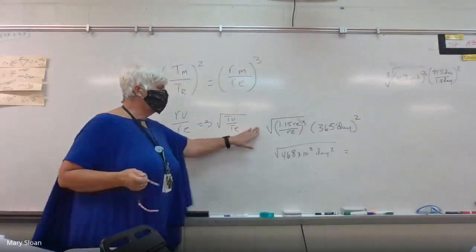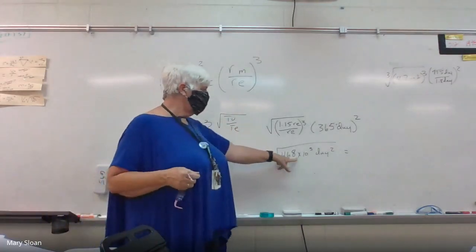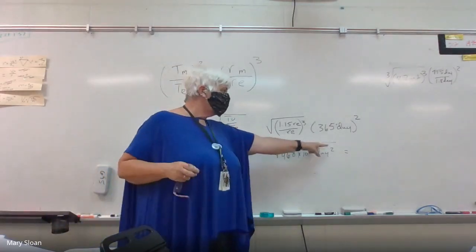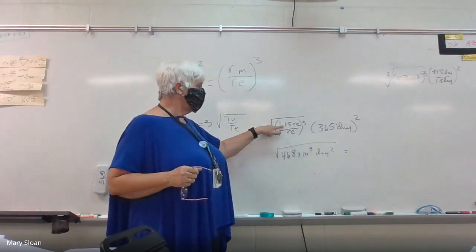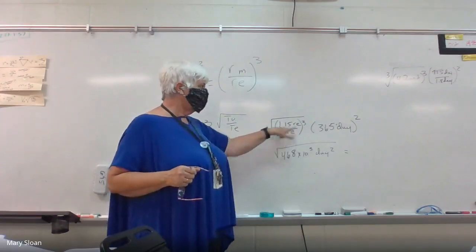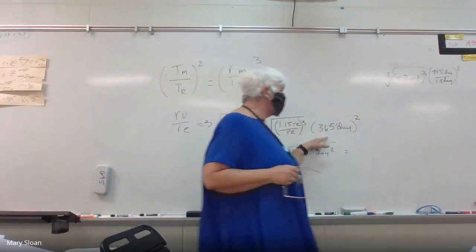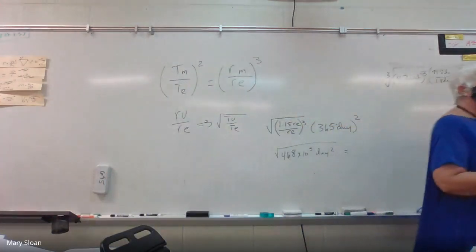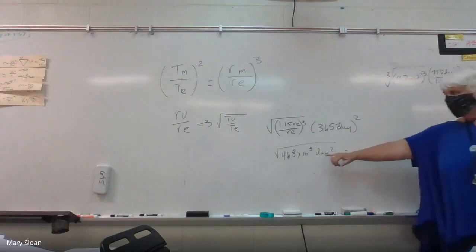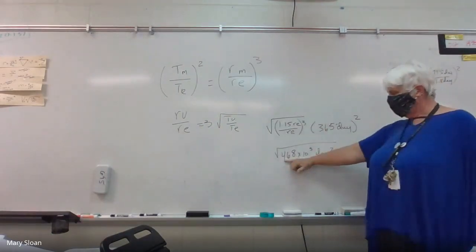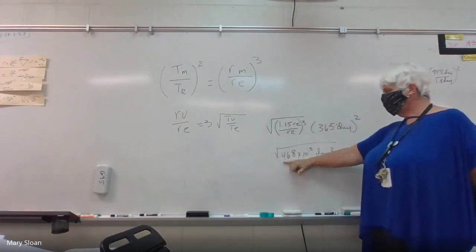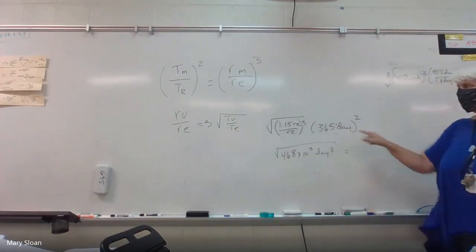So this one, we're going to take the square root of 468 times 10 to the 5th days squared. What we did is we took the 1.15 revolutions over 1 revolutions cubed times 365 days squared. When you did all this equation, you should have got 468 times 10 to the 5th days, and then square root.